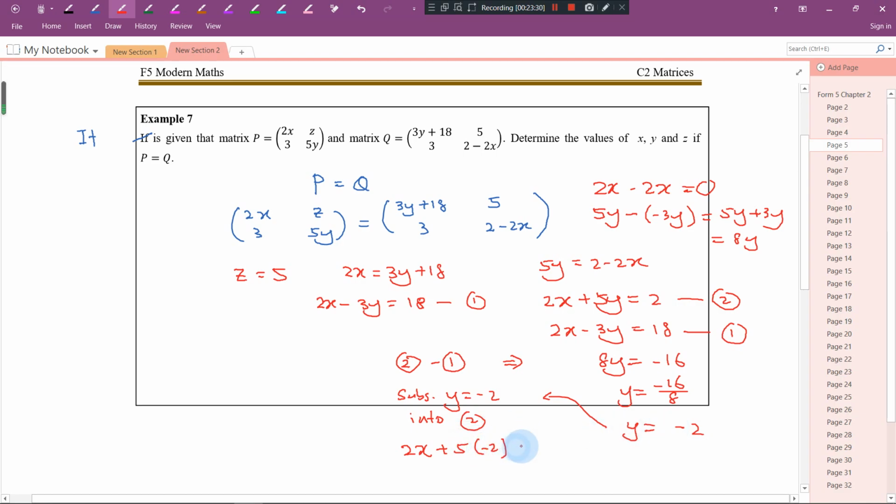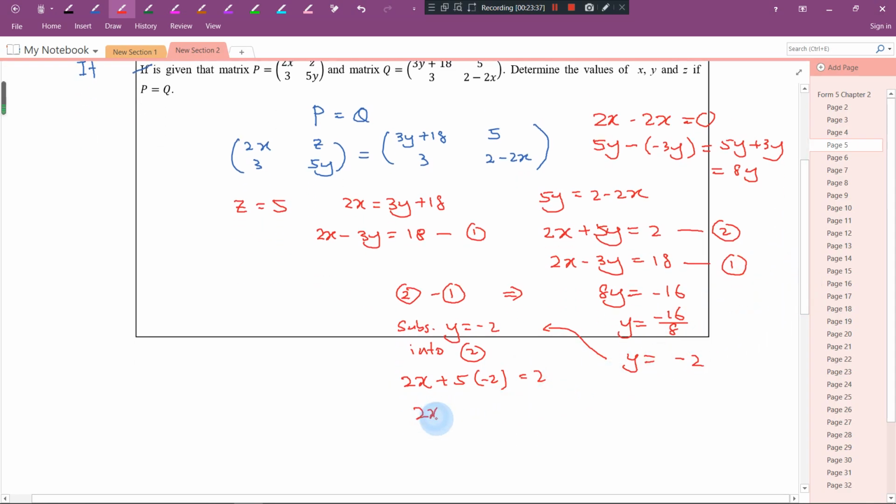I write negative 2. So it's equal to 2. 2x. Positive 5 times negative 2 will give you negative 10. Negative 10, you move it to the other side, it becomes positive. 2x is equal to 12. And x is equal to 12 divided by 2. x is equal to 6.